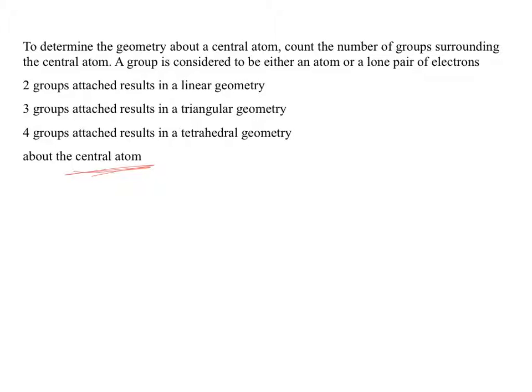And again, just to give you an example, and I'm not even going to tell you actual elements because it doesn't matter. You're looking at a central atom going to 2 things. This is linear. A central atom going to 3 things.